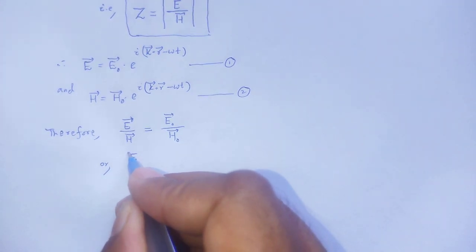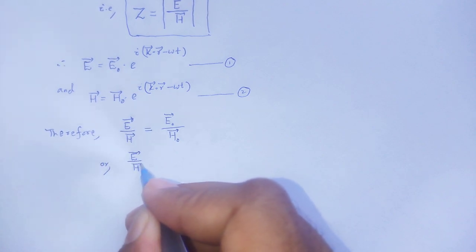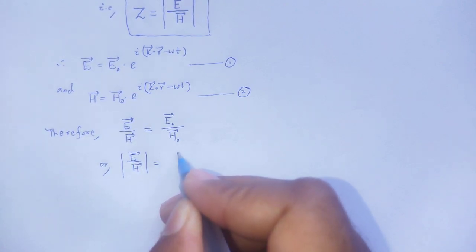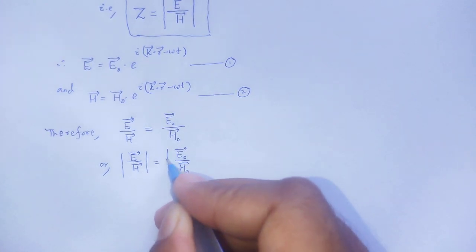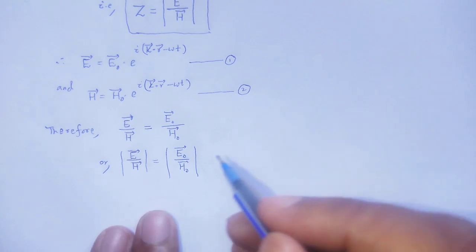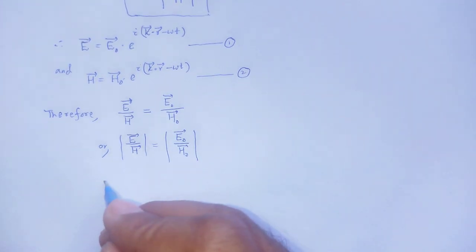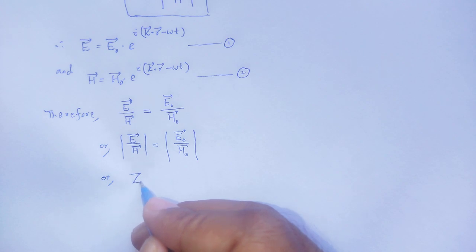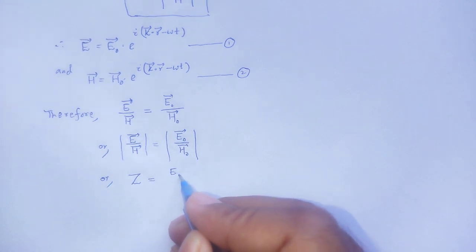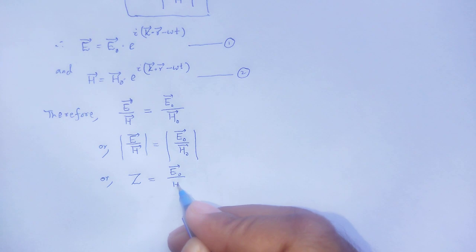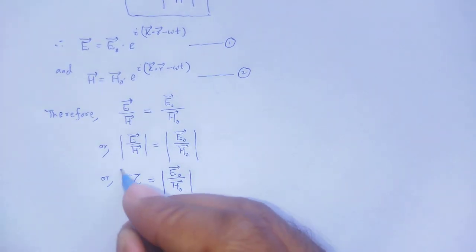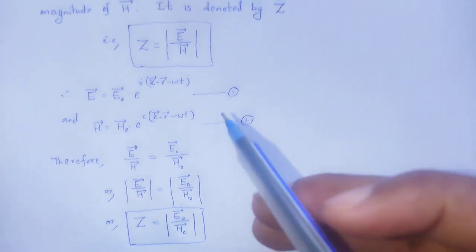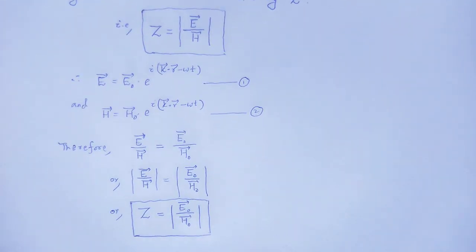So the magnitude of E by H is equal to the magnitude of E naught by H naught, that is equal to Z. So Z is equal to magnitude E naught by H naught. Another definition of wave impedance.